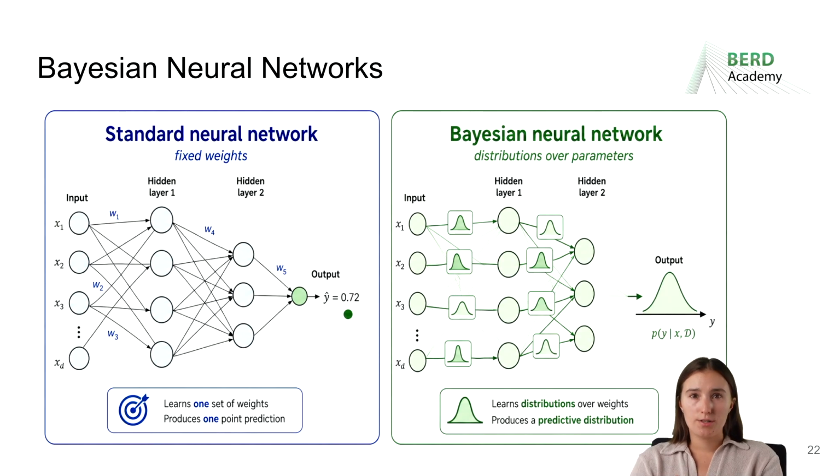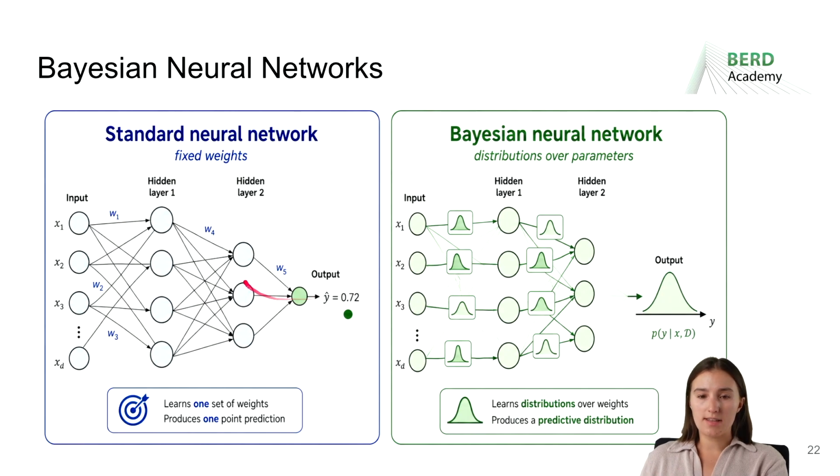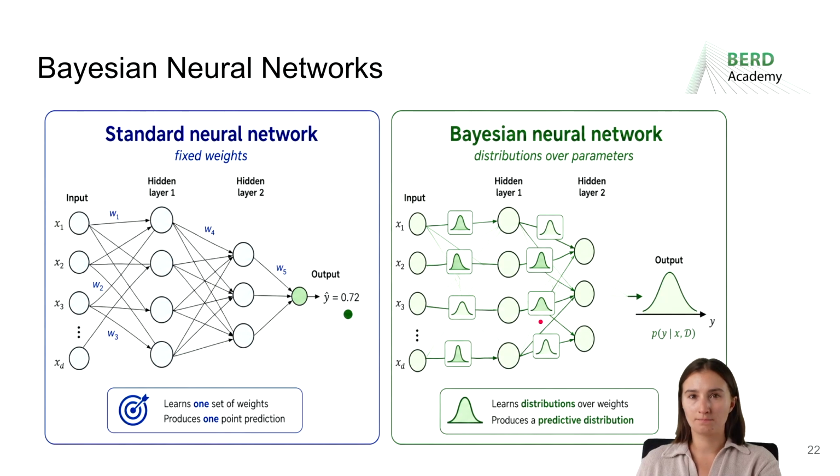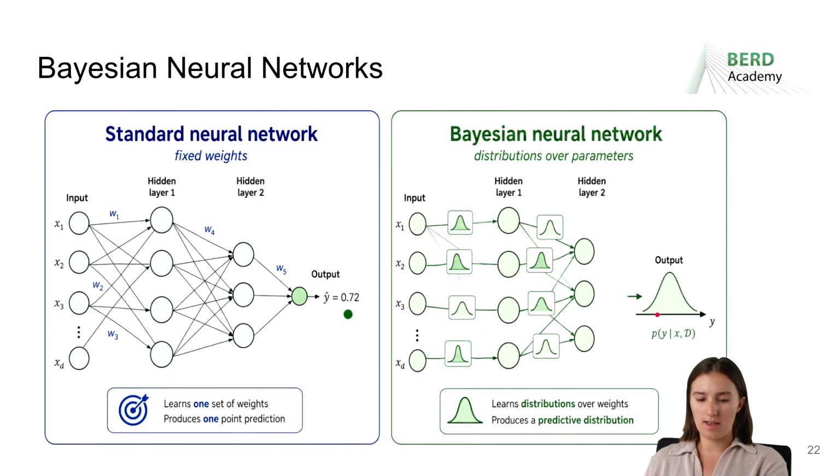Bayesian neural networks try to improve that problem by, instead of having one fixed weight, learning a distribution over the weights. And since you have, instead of a fixed value, distributions on all the connections, your end output is then a distribution as well.